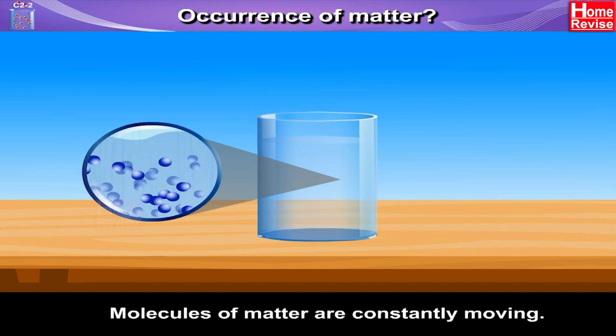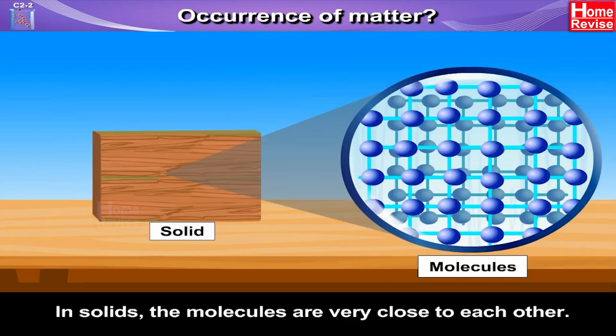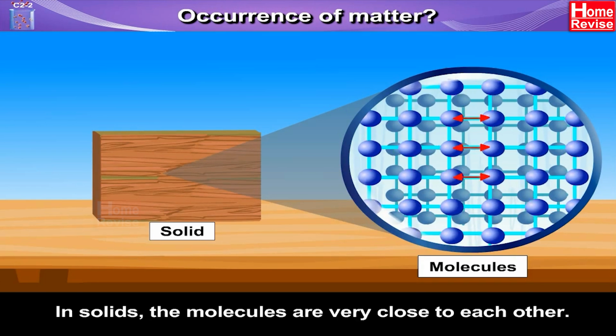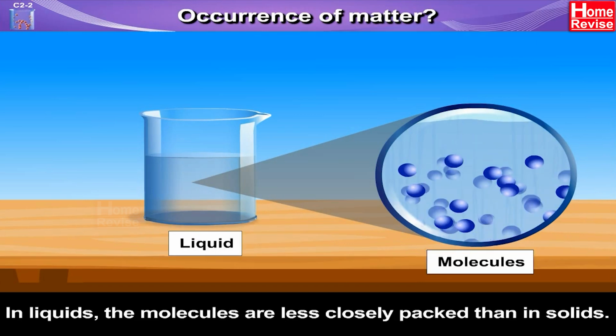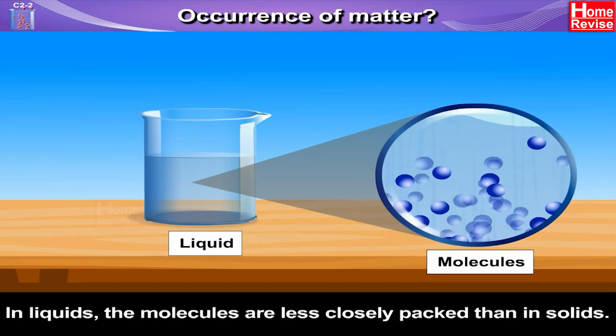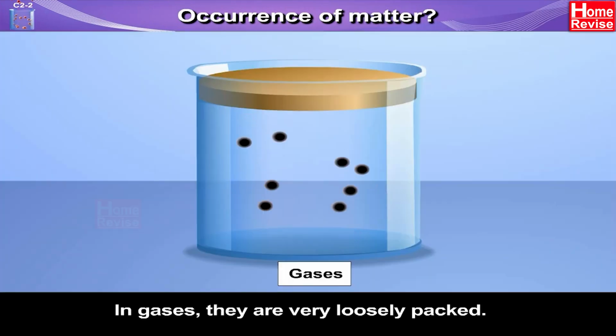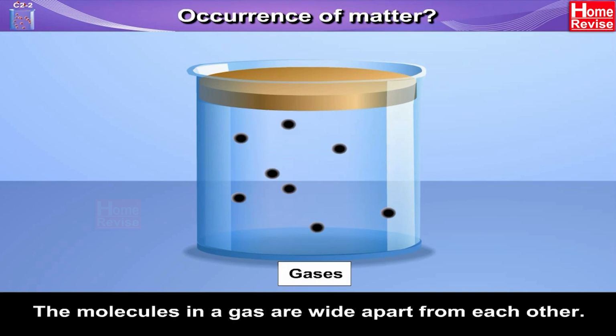Molecules of matter are constantly moving. In solids, the molecules are very close to each other. They are closely packed. In liquids, the molecules are less closely packed than in solids. In gases, they are very loosely packed. The molecules in a gas are wide apart from each other.